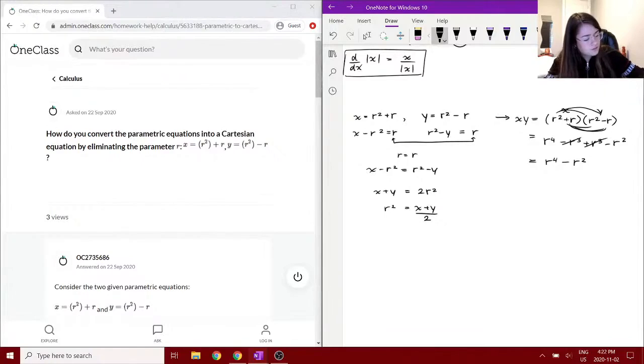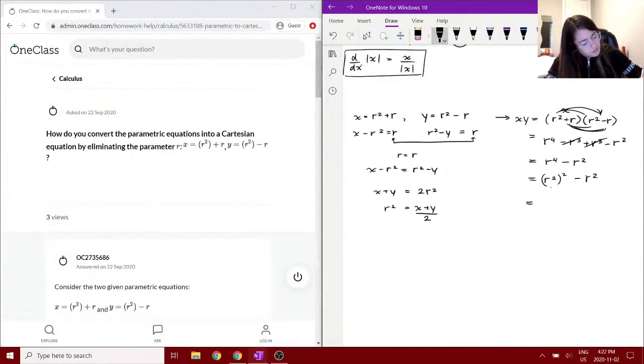Since we already found what r squared is in terms of x and y, we can rewrite this as r squared to the power of 2, which is the same thing as r to the power of 4.